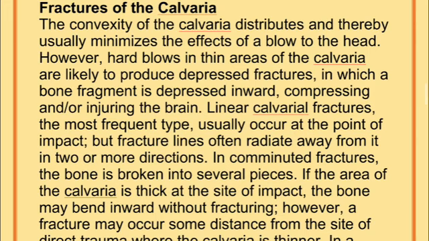You could also have a comminuted fracture. Here the bone is broken into several pieces. When you have an area of the Calvaria that is thick being affected by an impact or trauma or injury, the bone may bend inward without fracturing, but the fracture may occur some distance from the site of direct trauma, where the Calvaria is thinner.